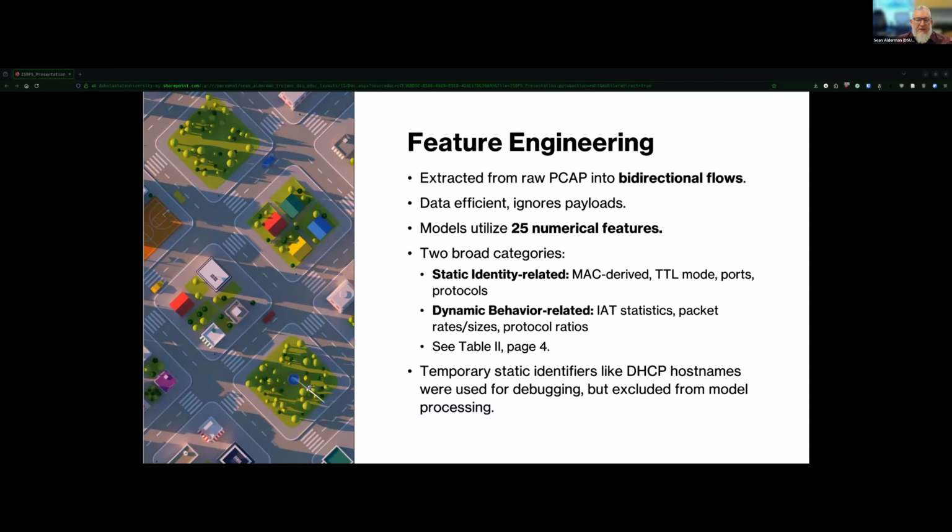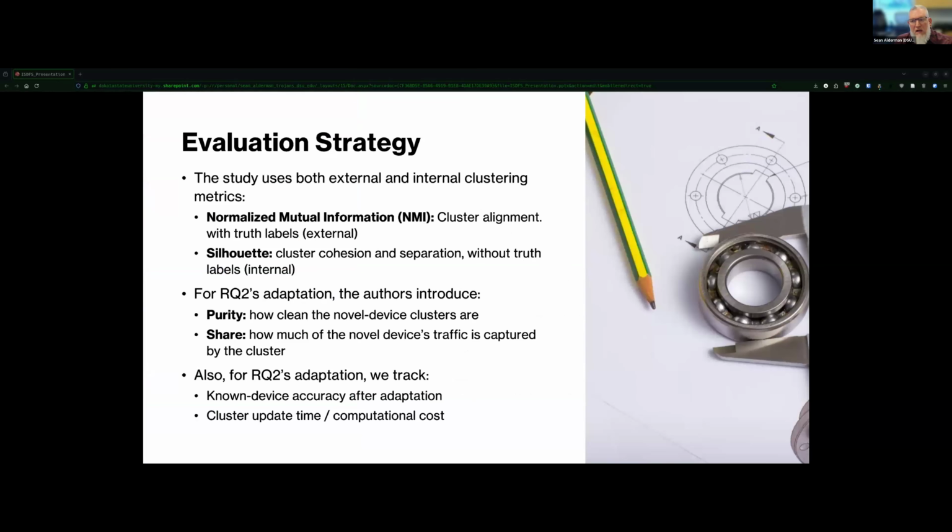Temporary identifiers like DHCP host names that may indicate device data are included but excluded from the modeling. We just use those for debugging purposes to make sure we know what we're looking at. And all features are reused and unchanged in both the baseline and incremental stages.